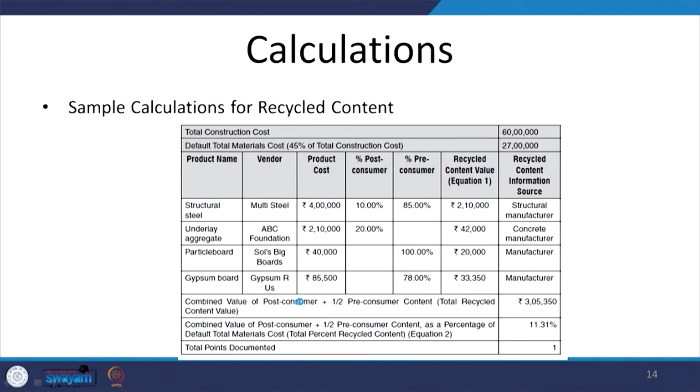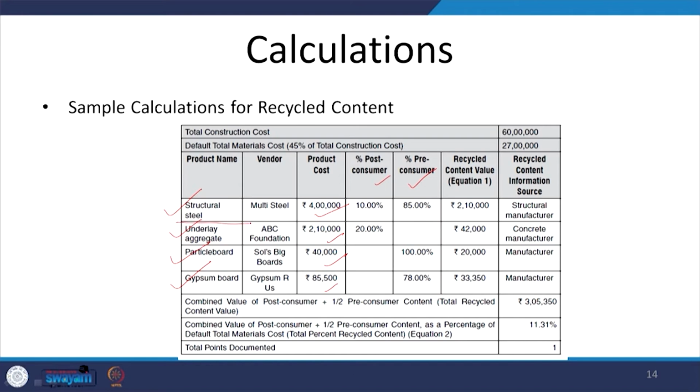If we have to show the calculations, let us see here what all materials can possibly have the recycled content. So, structural steel has a lot of recycled content, the underlay aggregate, the particle board and gypsum board. So, 4 of these materials for this particular project under consideration have the recycled content. Here the total product cost of the material will be indicated. We will calculate the percentage of post consumer and pre consumer recycled content in this.